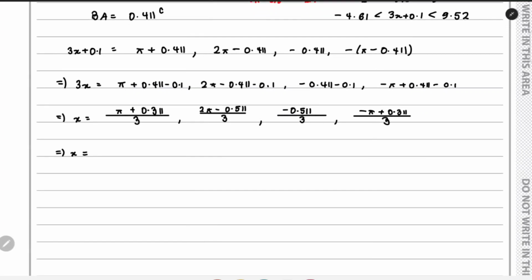So the first value comes out to be 1.15. The second value comes out to be 1.92. The third one comes out to be minus 0.17, and the last one comes out to be minus 0.94.